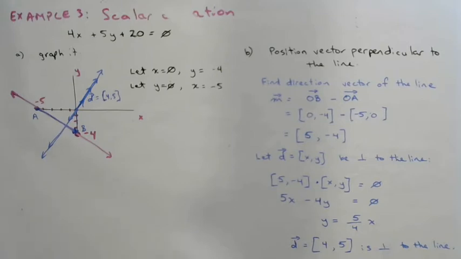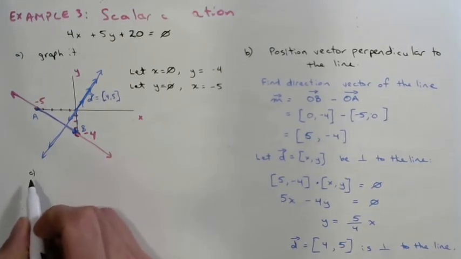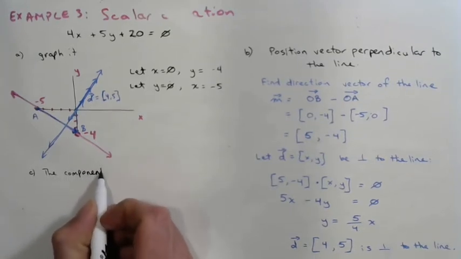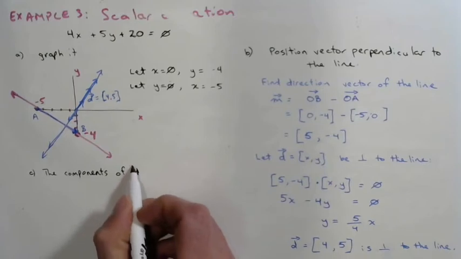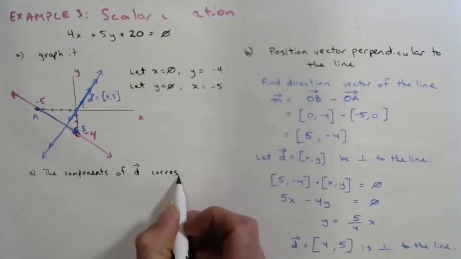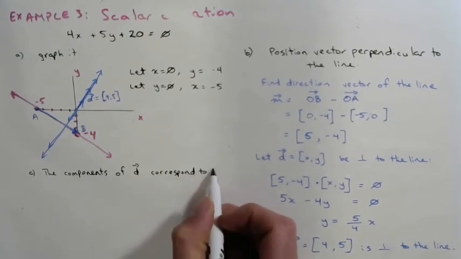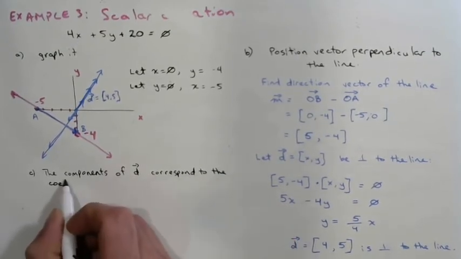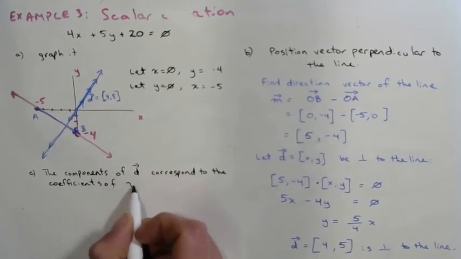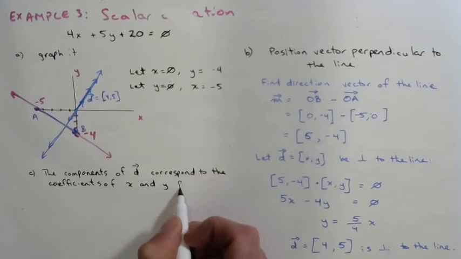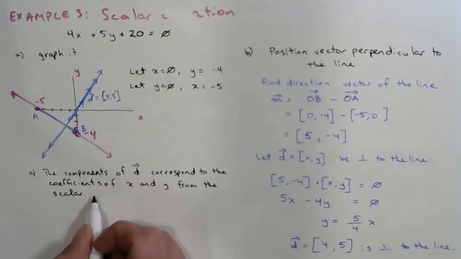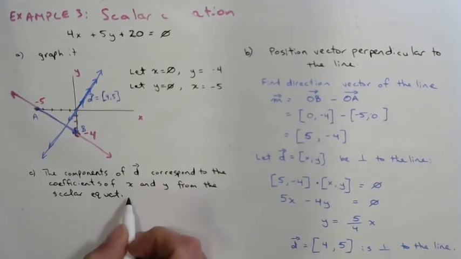And maybe put down in your notes, I'll jot it down. Number 6: the components of vector d correspond to the coefficients of x and y from the scalar equation.